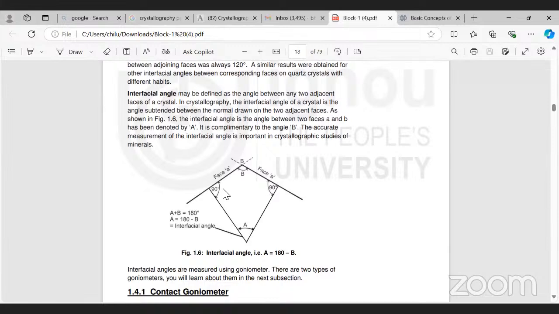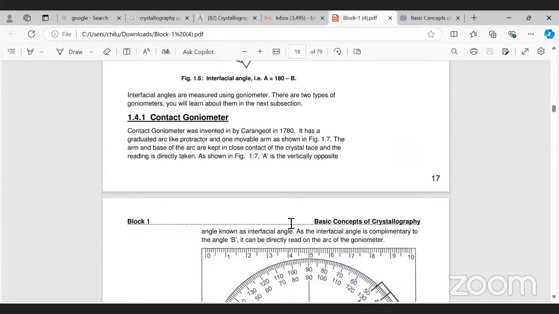And second, there is a meter for that, known as a goniometer. It is useful to find out the interfacial angles. How can we measure the interfacial angles? We can measure with a goniometer, known as a contact goniometer. It was invented in 1780 by Carangeot.